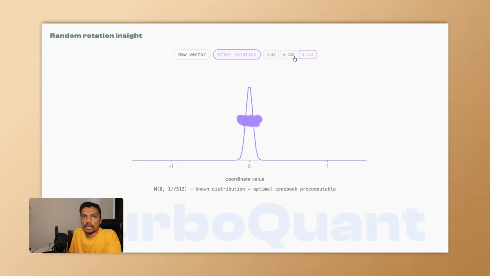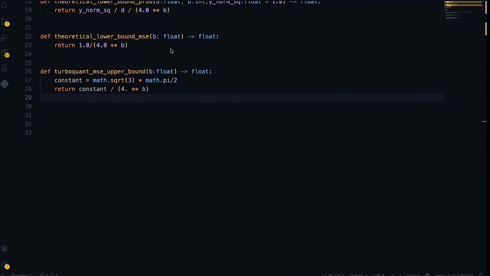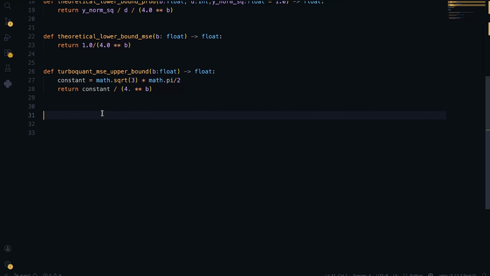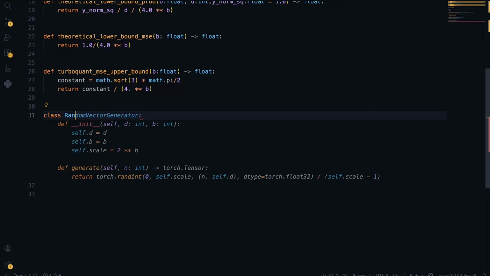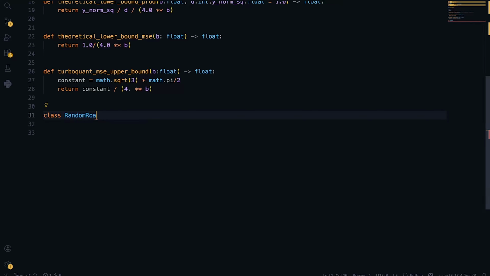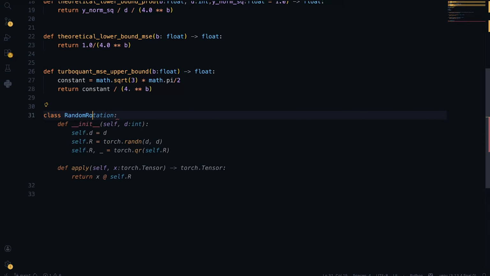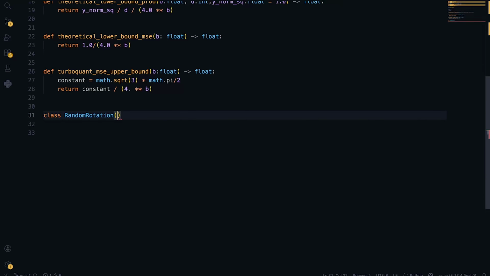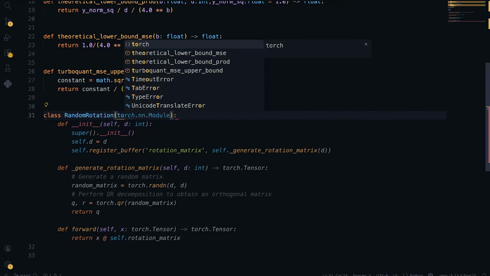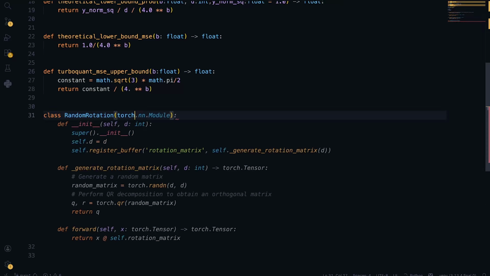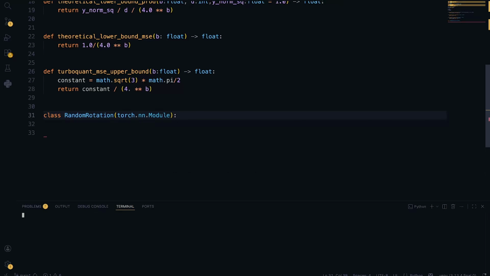So let's now write the functionality for this class. We will have this class called RandomRotation, and this will inherit the torch.nn.Module class.